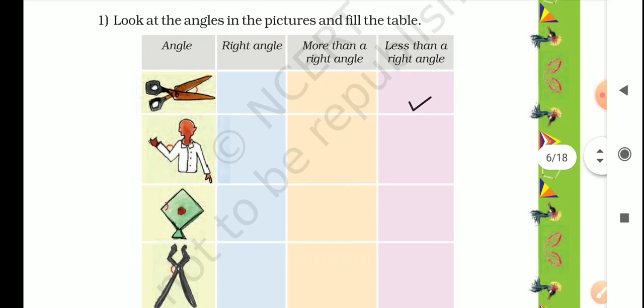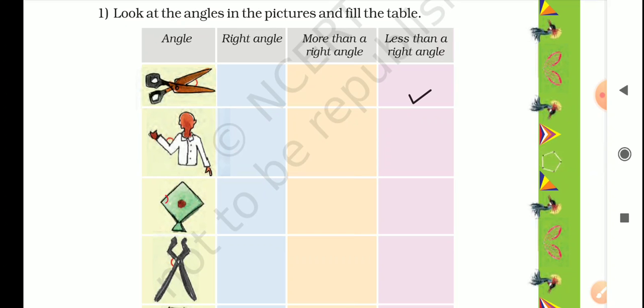Now, our next topic of today's session is angle and different types of angles. If you remember, I told you in our first session what topics we are discussing, that all will be very helpful to you in this chapter.